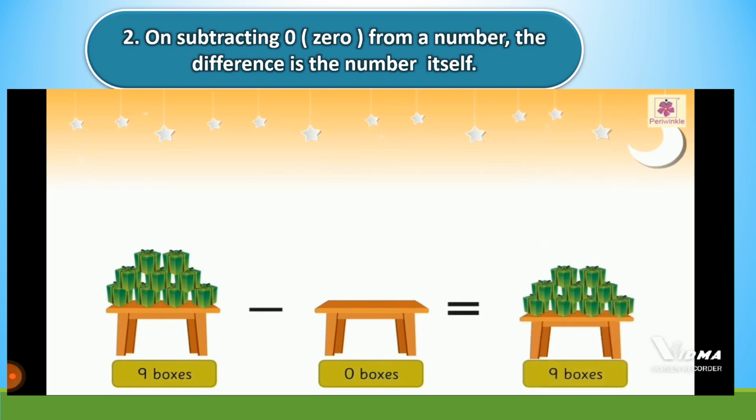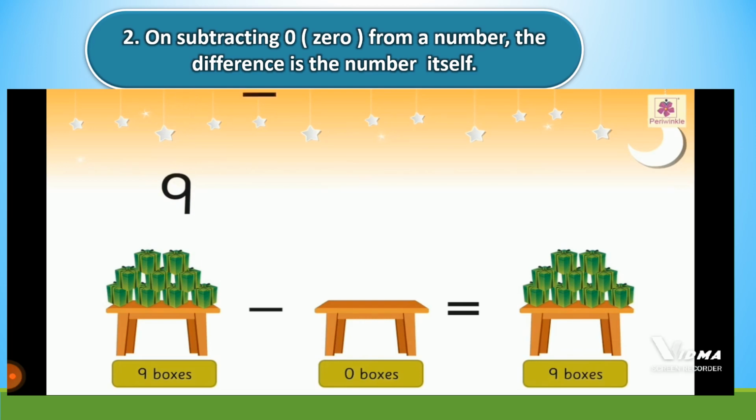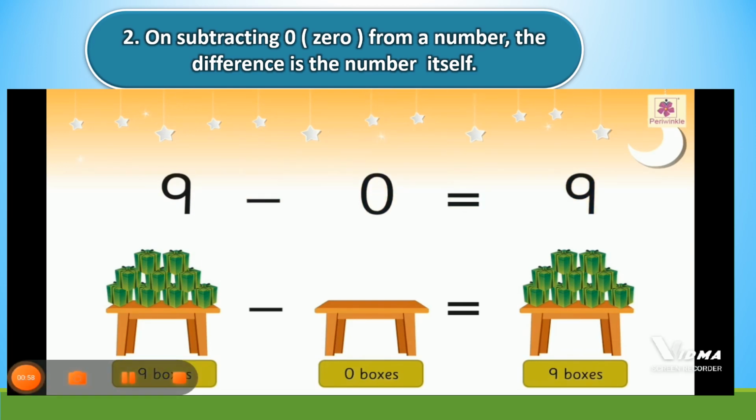So what remains? We have 9 boxes. 9 minus 0 equals 9. As you saw, when 0 is taken away from any number, the number we get is the same. So the obtained difference is the number itself.